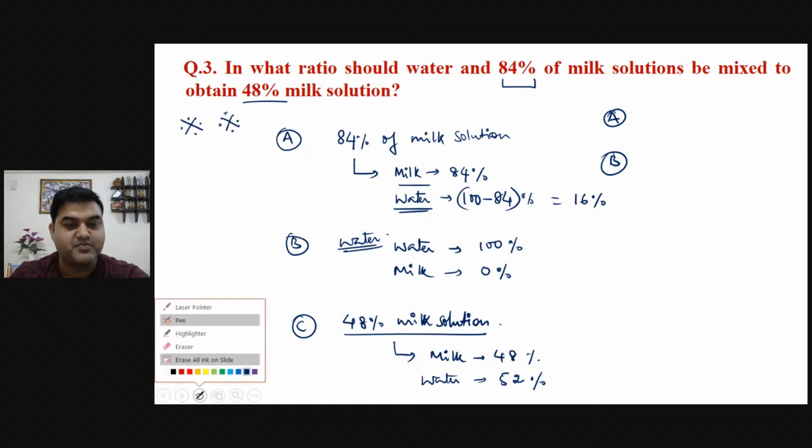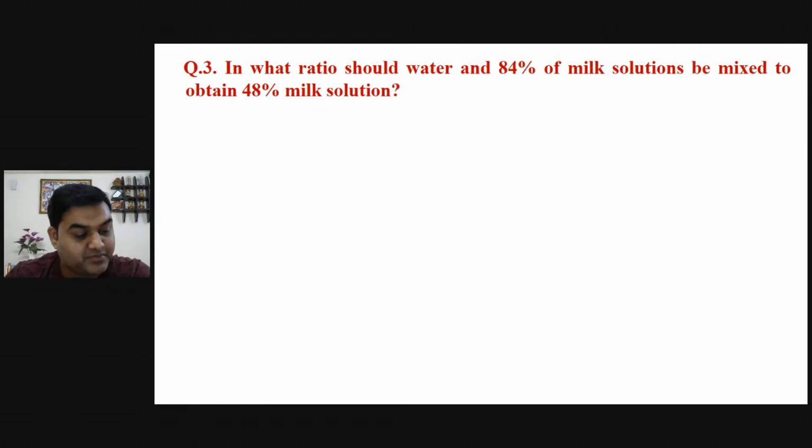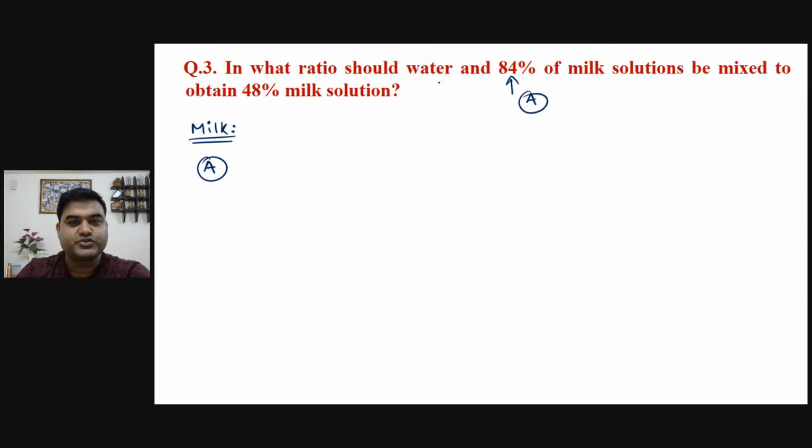I'll erase this completely so that you will have some space. Solution A is the 84% solution. Solution B is water as a solution we are adding.